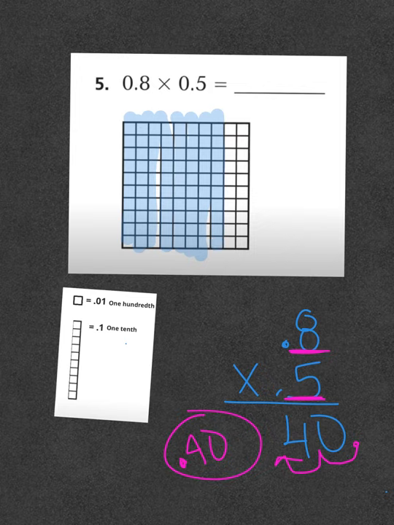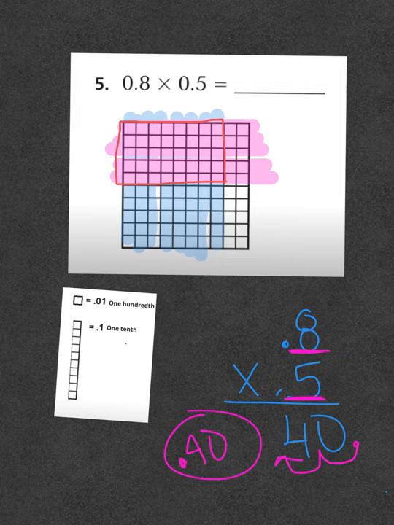Now we'll use a different color and we'll go the other way with 5/10 here. 1/10, 2/10, 3/10, 4/10, 5/10. Then I can outline my overlapping area. I guess I could start here and outline this overlapping area. And in there, I should have 40 hundredths.